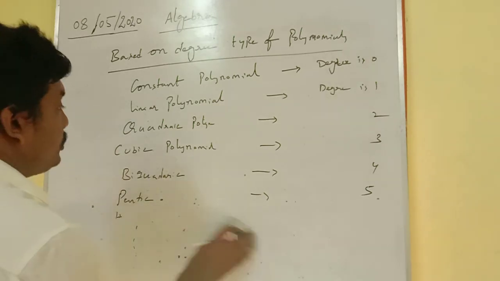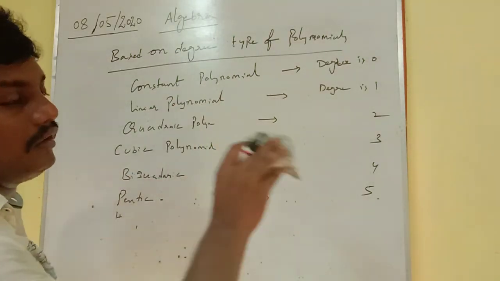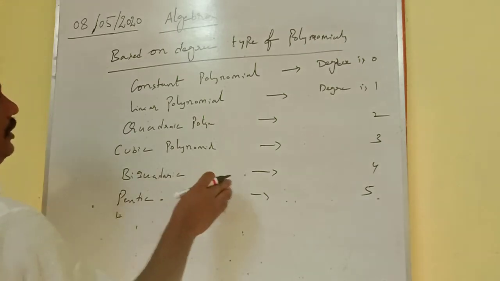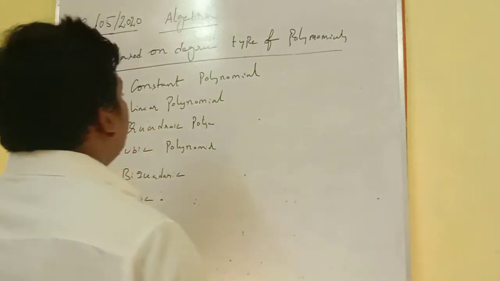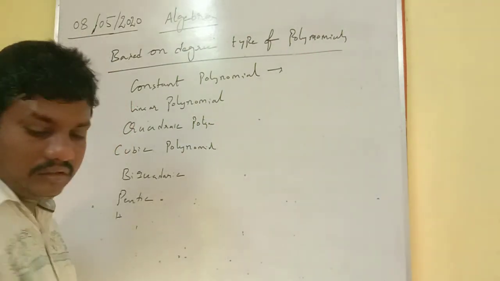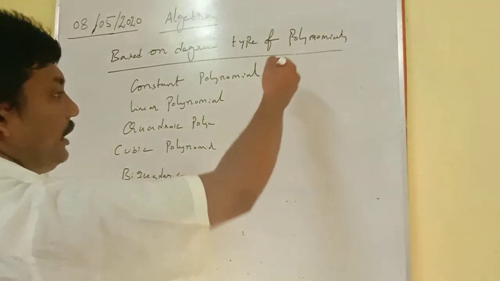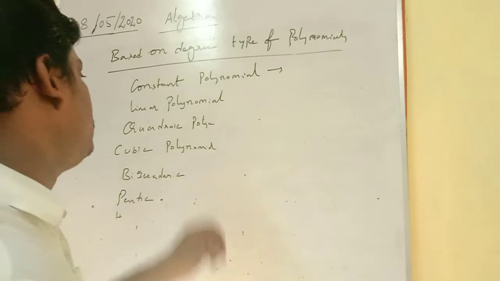Now, what are the general forms of linear polynomial, constant polynomial, everything we have to learn. For a constant polynomial, it is only a constant, so there is no need for a general form. You can take any number as a constant.